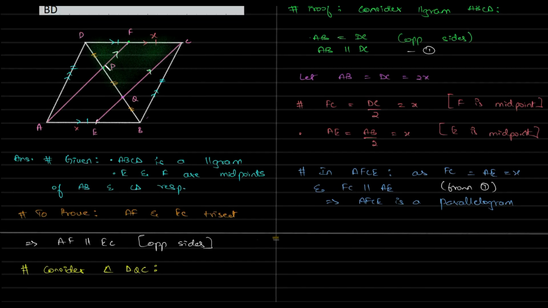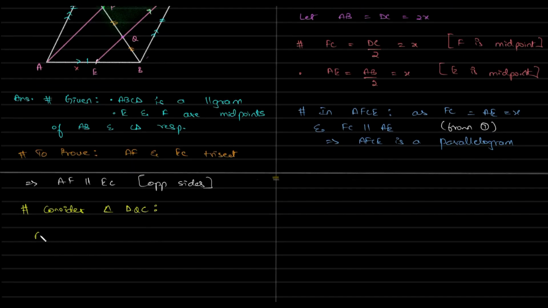As F is the midpoint and PF is parallel to QC, this implies P is the midpoint of DQ.